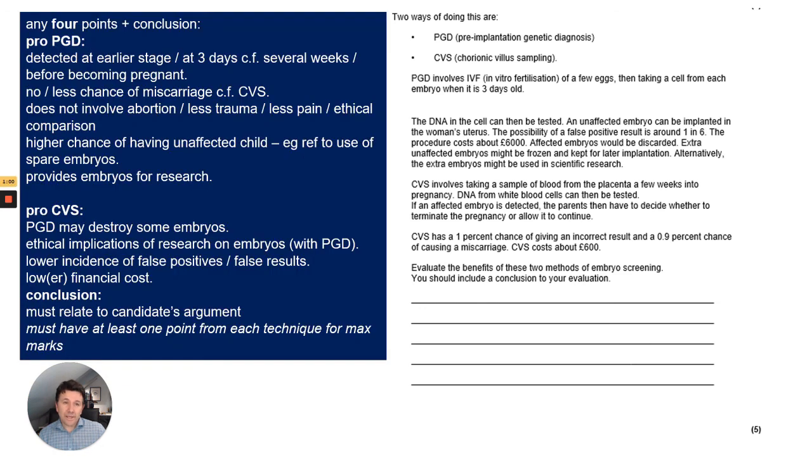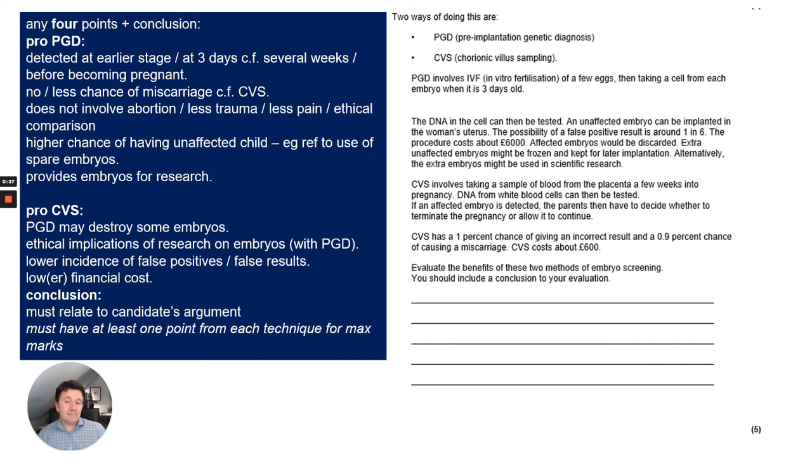Right, so it's quite an involved answer here. Pro PGD, there are lots of answers here. You don't need all of these answers. Less chance of miscarriage, doesn't involve abortion, higher chance of unaffected children, provides embryos for research, so that's pre-implantation.